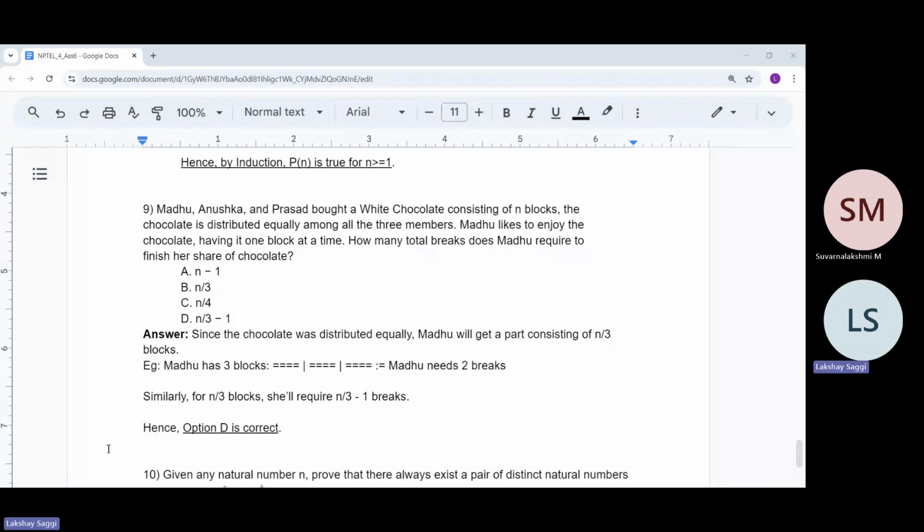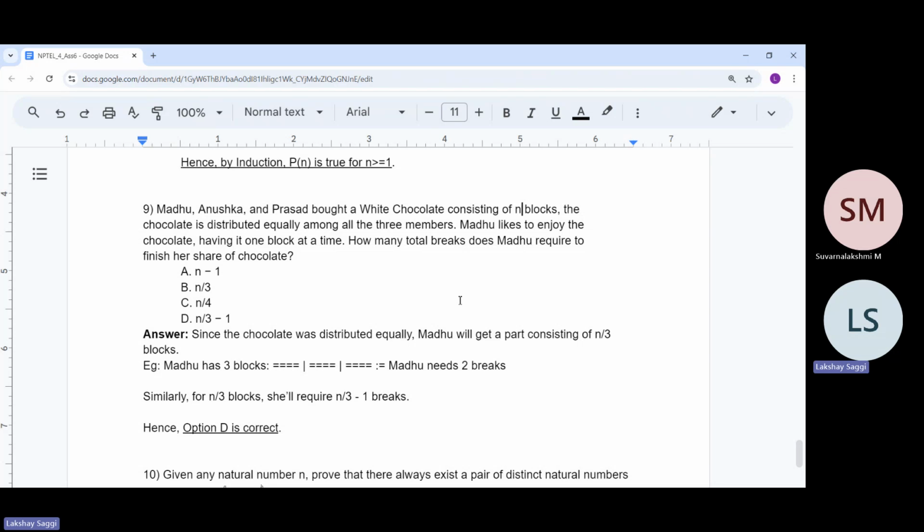So that's what I'm saying. n minus one breaks are needed for a chocolate of length n, but Madhu has only an n by three length chocolate because the initial chocolate had n blocks, but it was distributed among three people. So each of them got only n by three blocks. For a chocolate of length n you needed n minus one breaks.